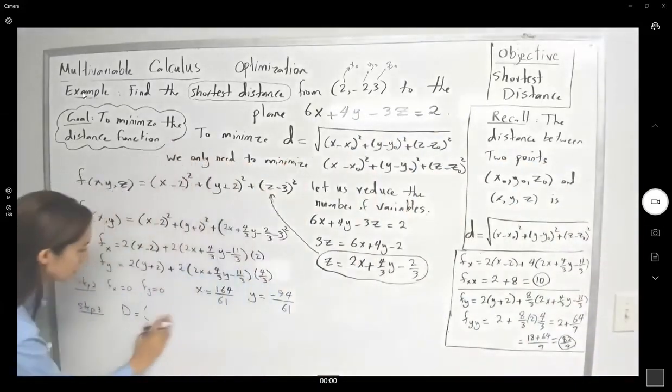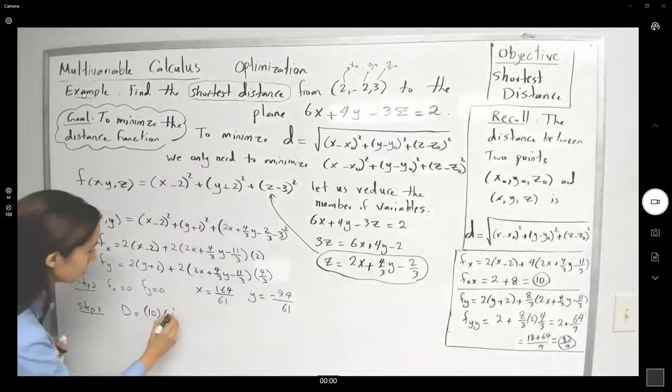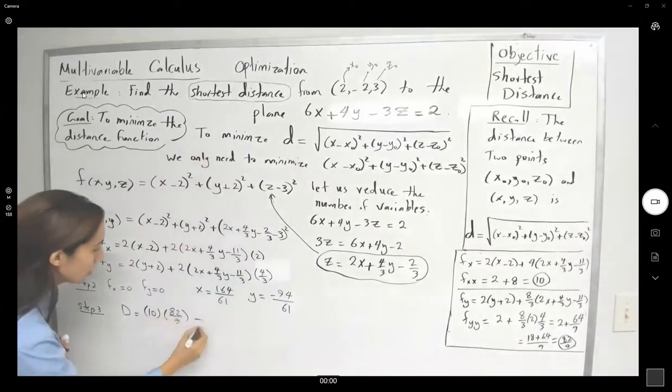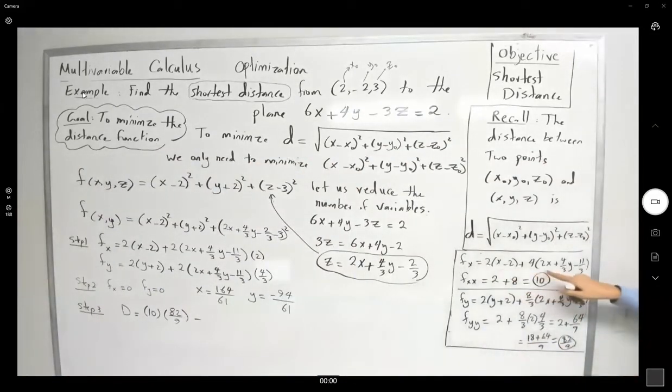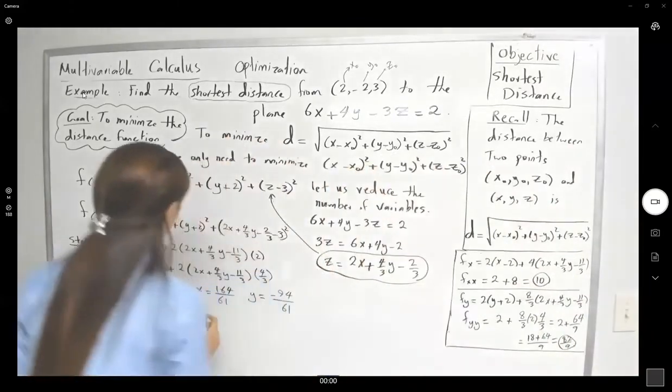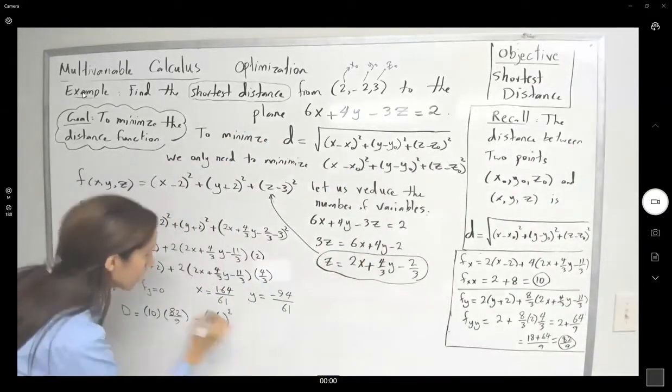So my discriminant is 10 times 82 over 9 minus. Now, if I take the second derivative with respect to y, I'm going to have 16 over 3. 16 over 3 to the second power.